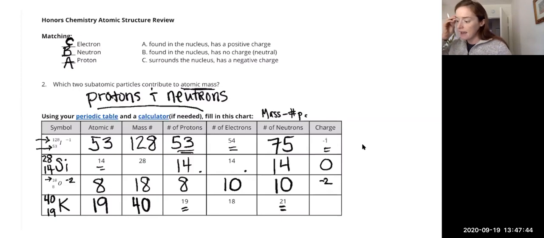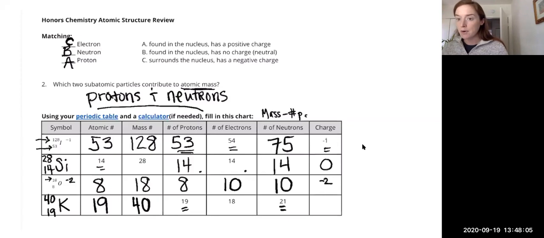Let's take a look at the charge. Remember, the two parts that have charge are protons positive, electrons negative. So we're looking at 19 positively charged protons and 18 negatively charged electrons. So what does this tell us?